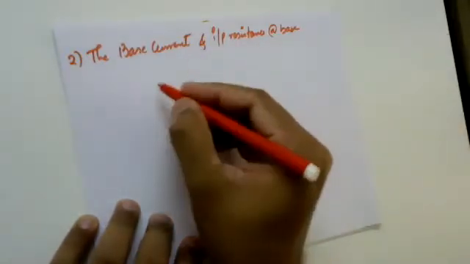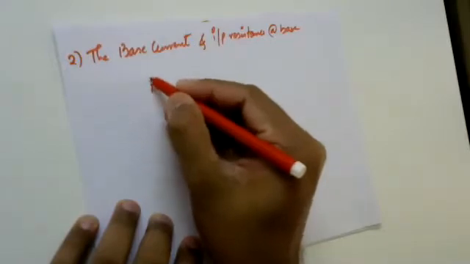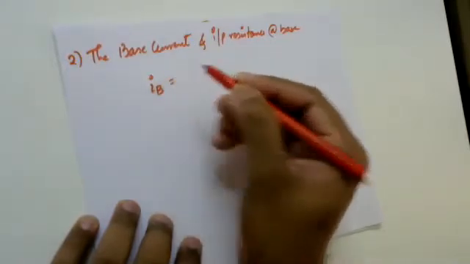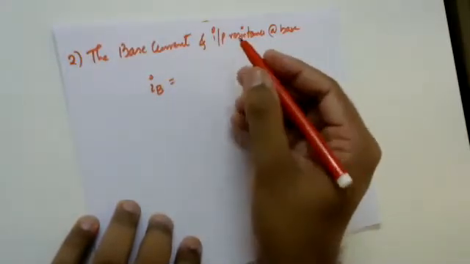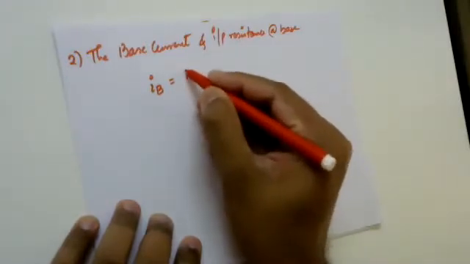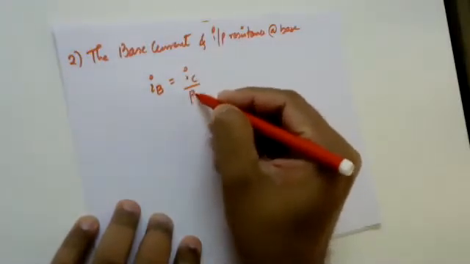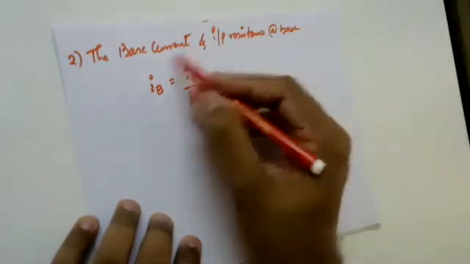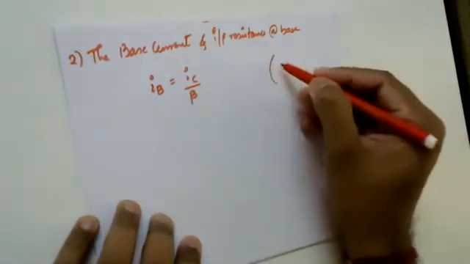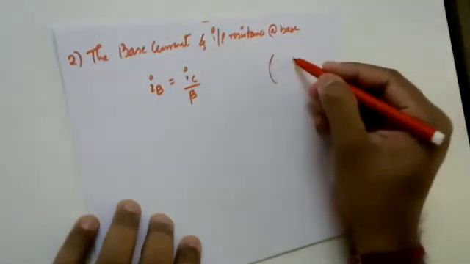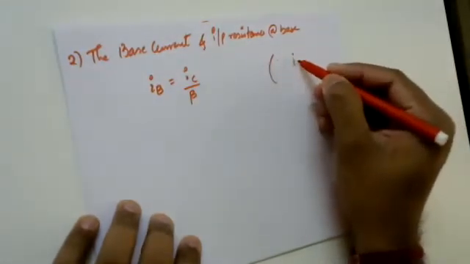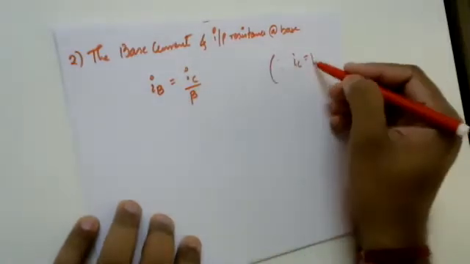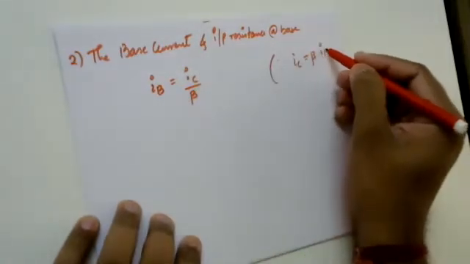Now I can write the equation for the base current. The base current IB can be defined as the collector current IC divided by beta, IC by beta. I'm just using the fundamental term, because I know that my collector current IC is beta times IB.